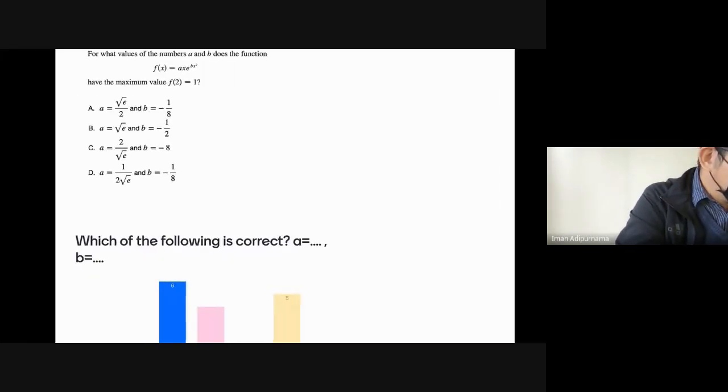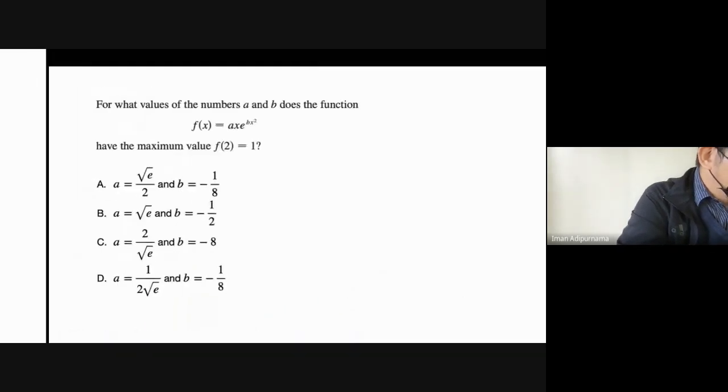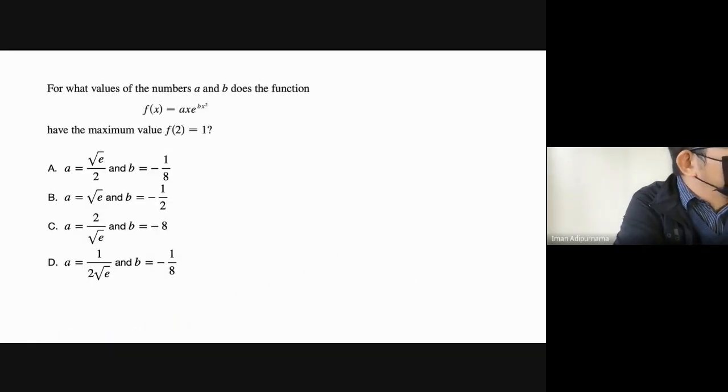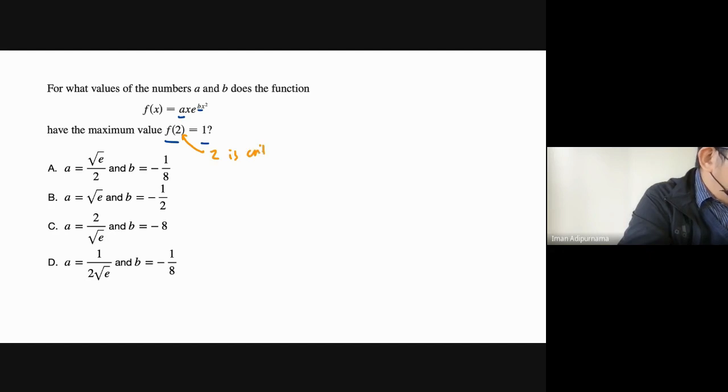The next question is about finding the max value. We need to find a and b so that the max value is equal to 1. So this 2 here is a critical point, based on the information here.